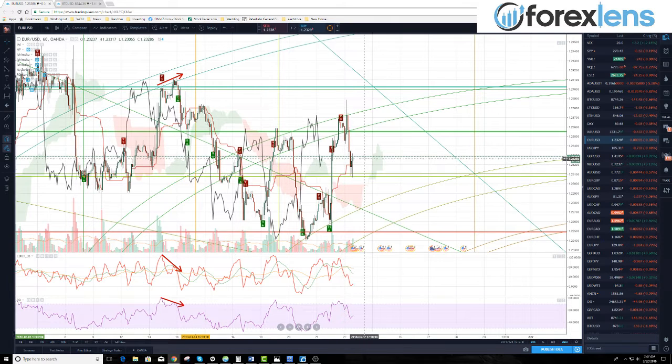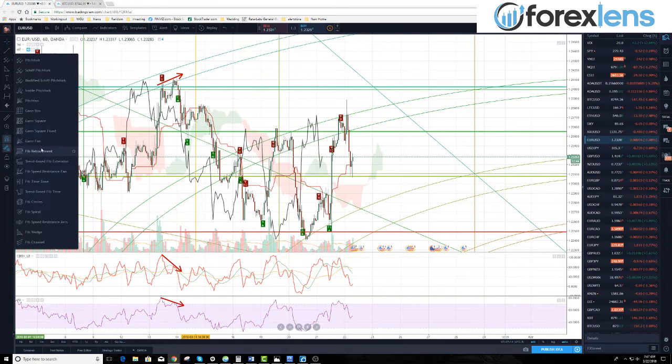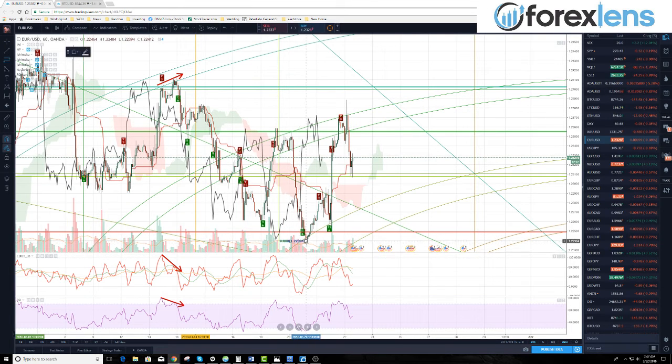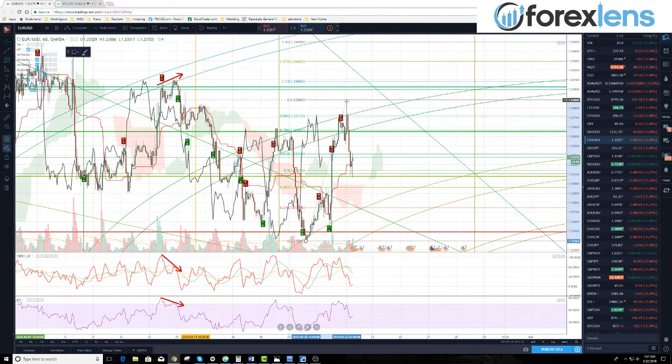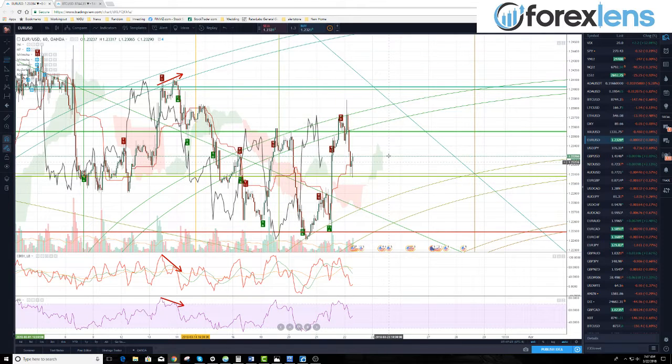Euro dollar is just kind of floating in the middle here. I don't really care how I draw it, I just want to see where the midpoint is because it looks like we're there. 50% retracements in here, so that's kind of where we got stopped there for a little bit.